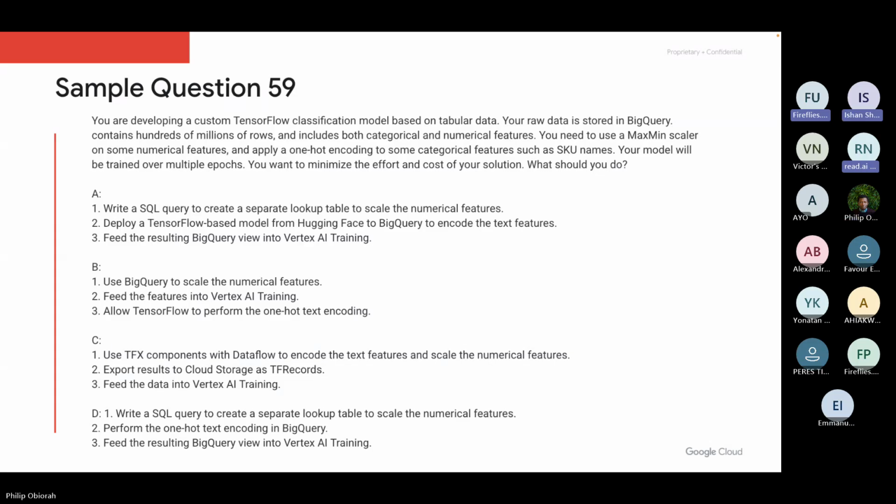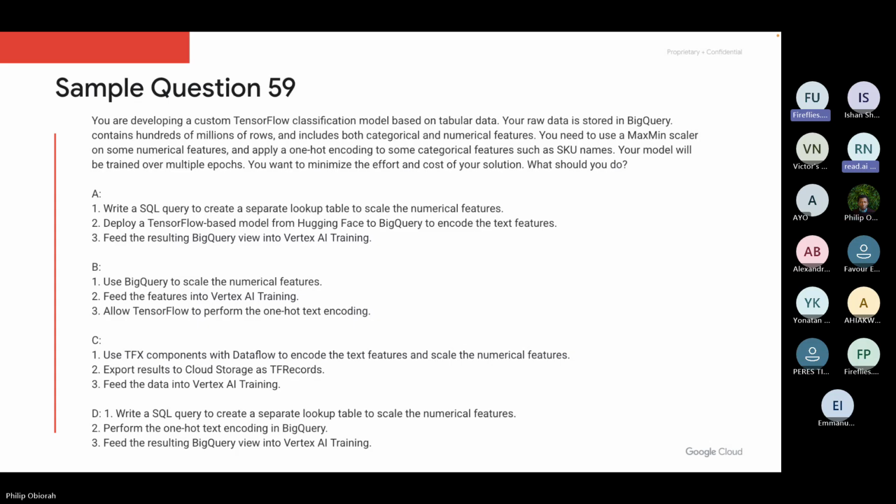And in TFX, it is minimal and also cost effective. Yeah, BigQuery is cost effective. And it's scalable, right?